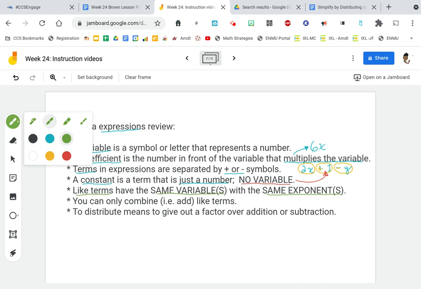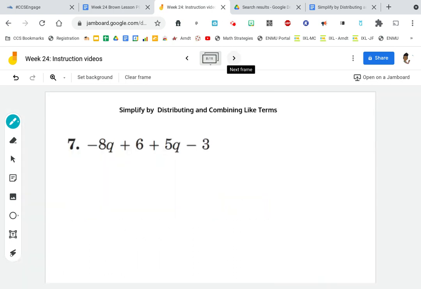And then the last thing we learned was that to distribute means to give out a factor over addition or subtraction. So let's keep all that in mind as we learn our next skill, which is to simplify expressions by distributing and combining like terms.